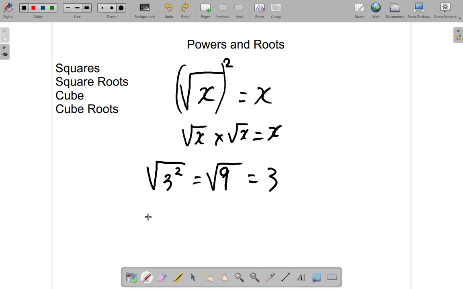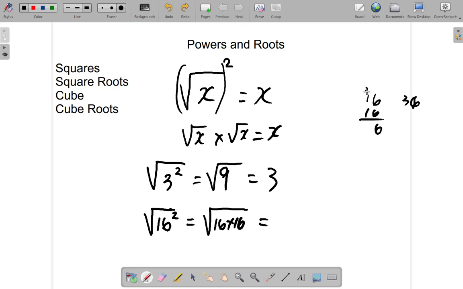Now, suppose you say the square root of 16 squared. What this is, is the square root of 16 by 16, right? What is 16 by 16? 16 1 6 6 36. Bring down the 6, carry 3, 6 1 6 7 8 9 96.